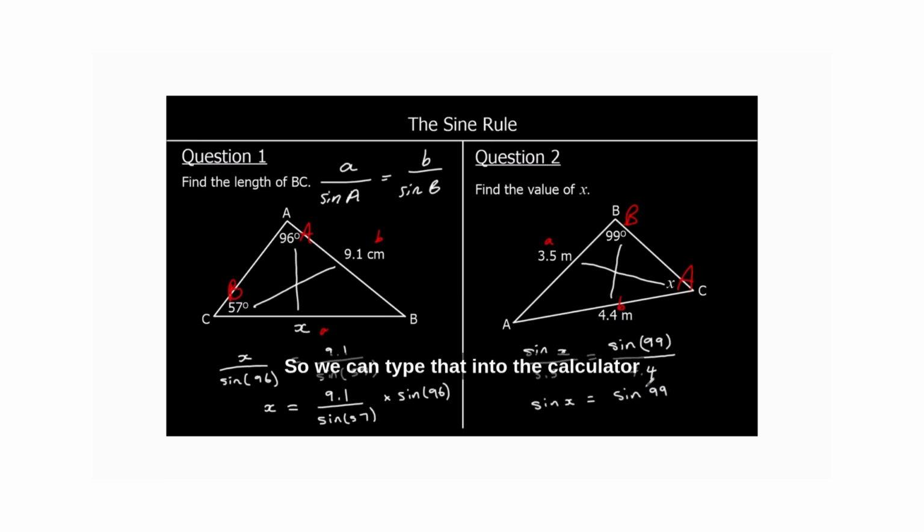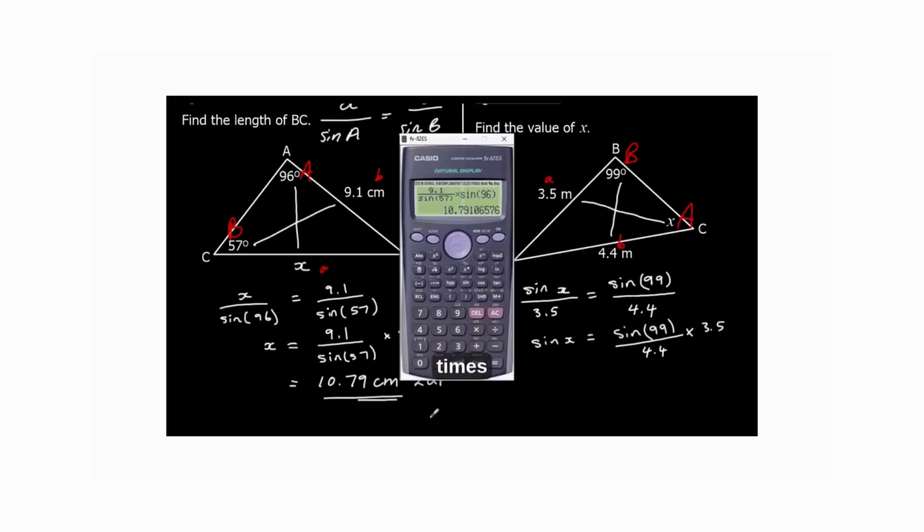So we can type that into the calculator to get our sine x. So sine 99 over 4.4 times 3.5 is 0.785 and so on.